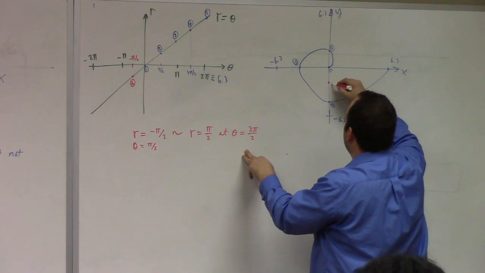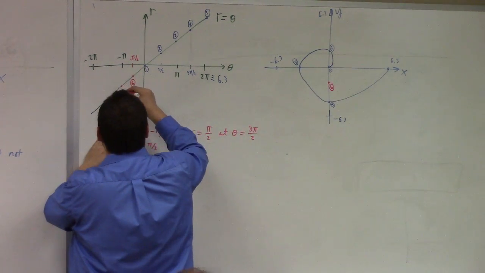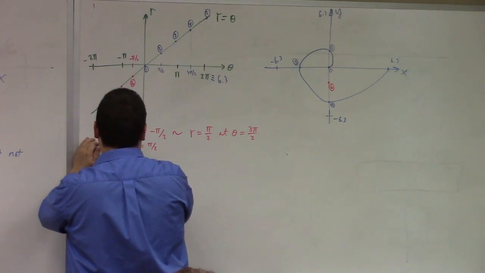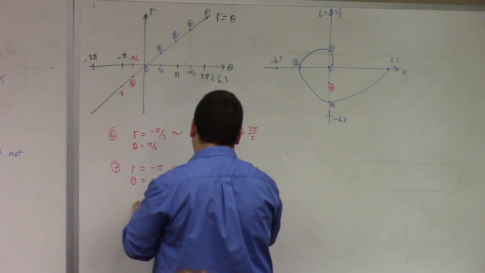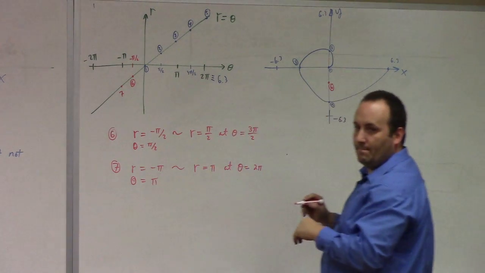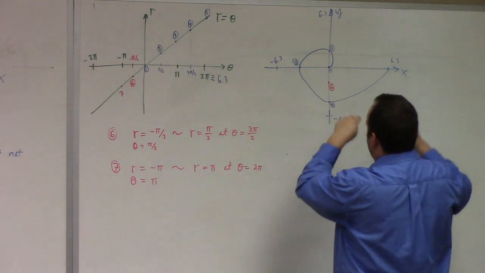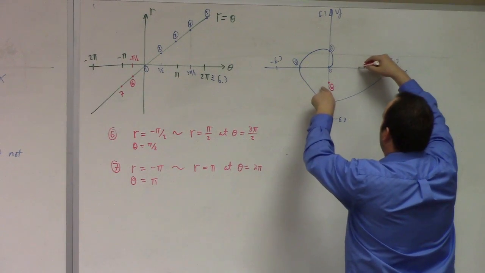So that's my 6. How about 7? For 7, the radius is minus pi, theta is minus pi, so that is equivalent to r equals pi at theta equals 2 pi, right? So where's that? That's like here, right?